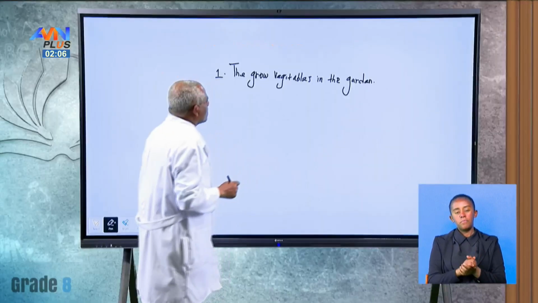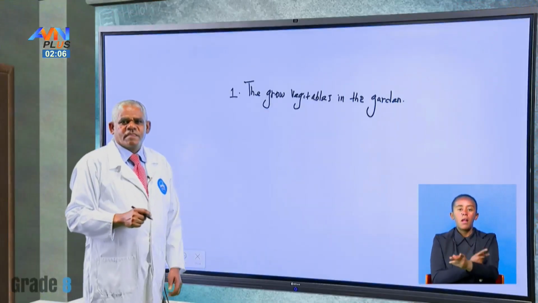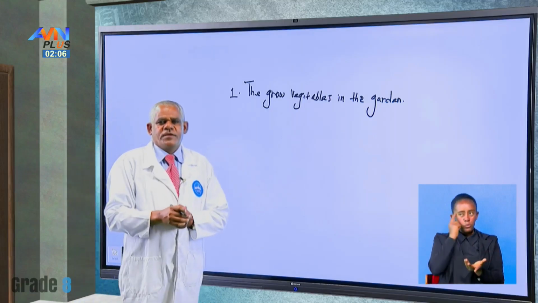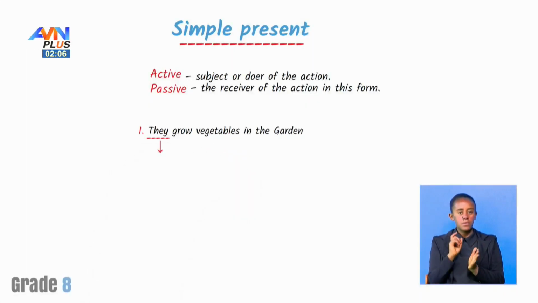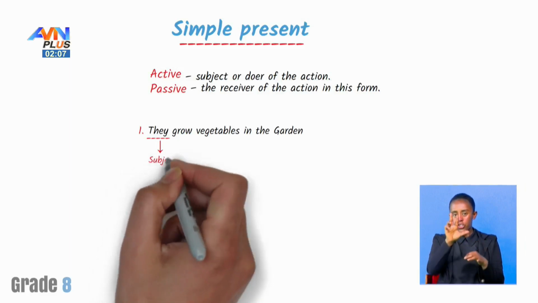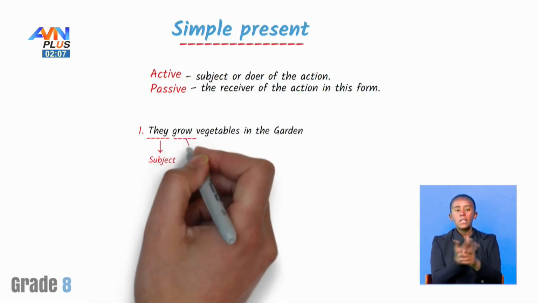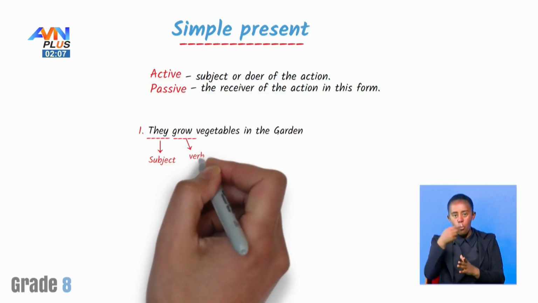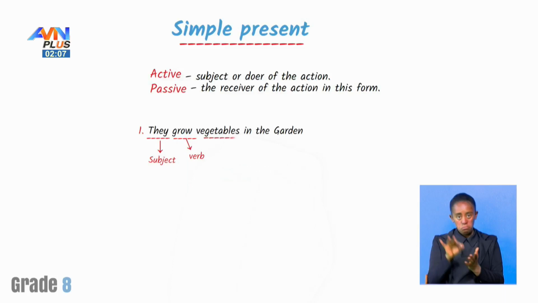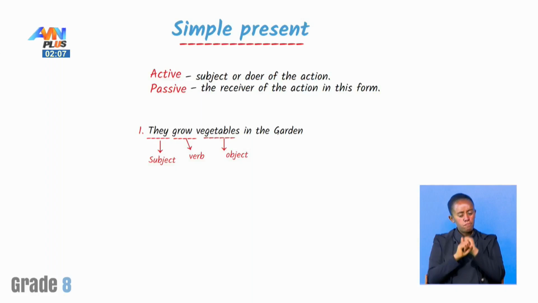Where do you think is the verb? Where do you think is the subject? Definitely, this sentence consists of three parts. They grow vegetables in the garden. They is the subject. Grow is the verb. Vegetables is the object. With no object, you can't form a passive sentence.